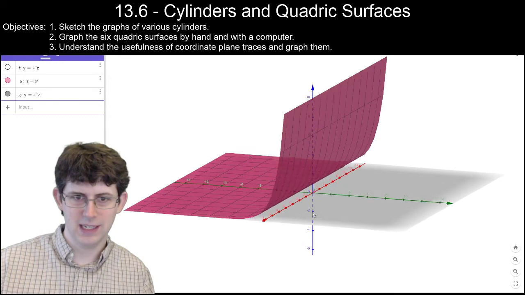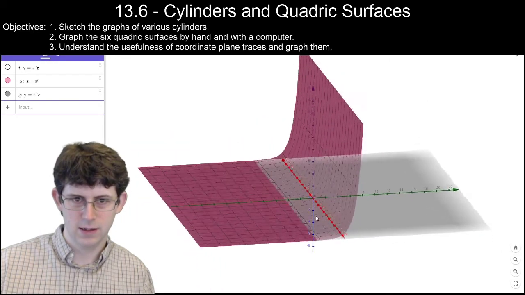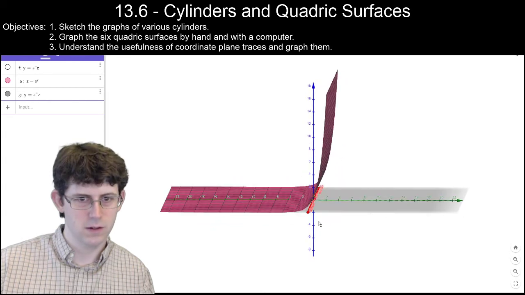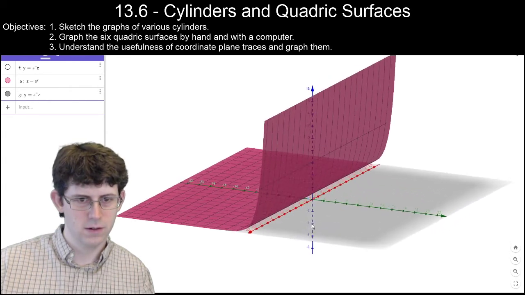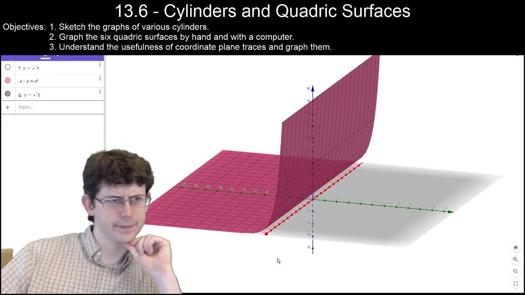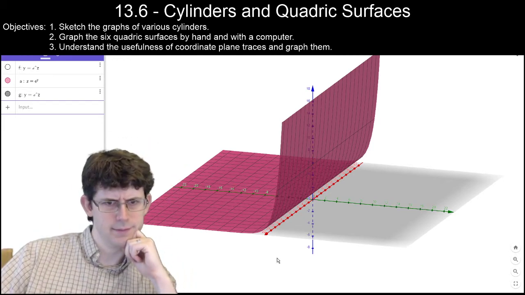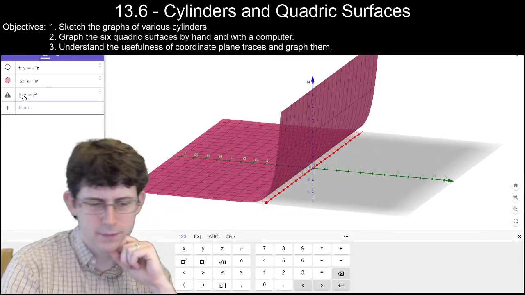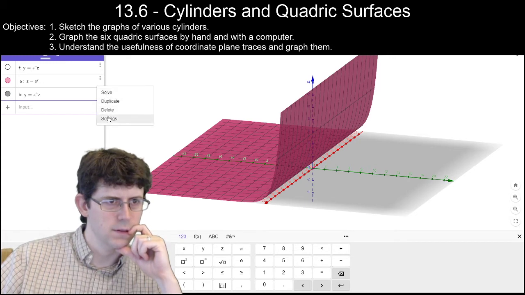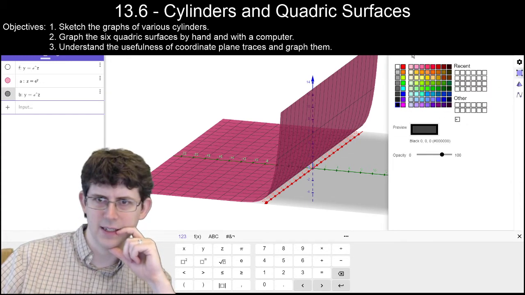Where's y equals e to the z? Does it need a better color?